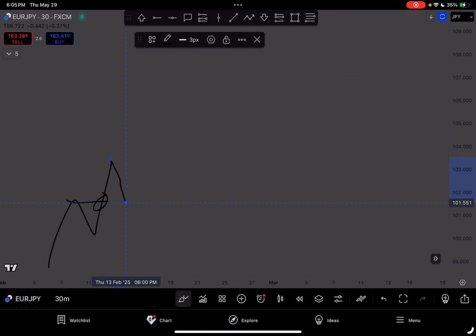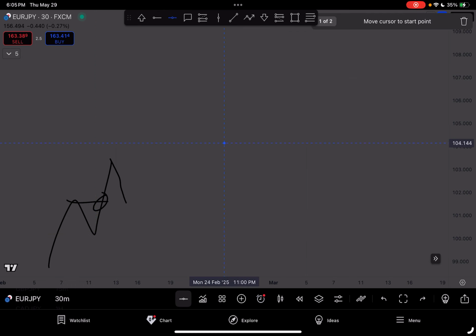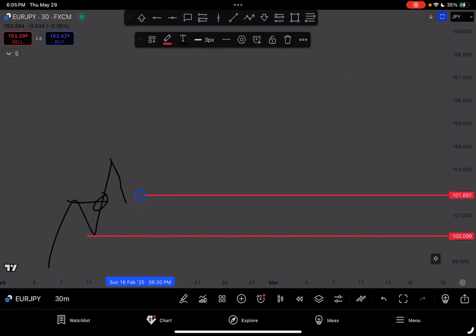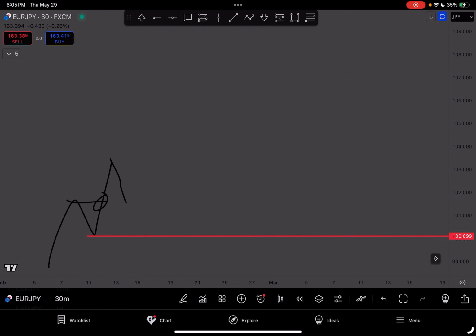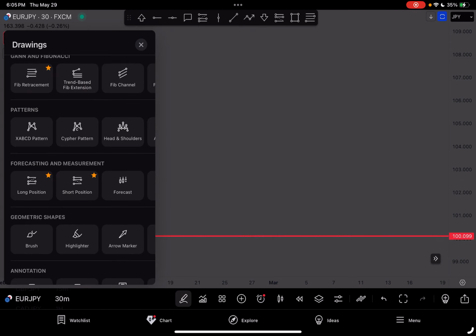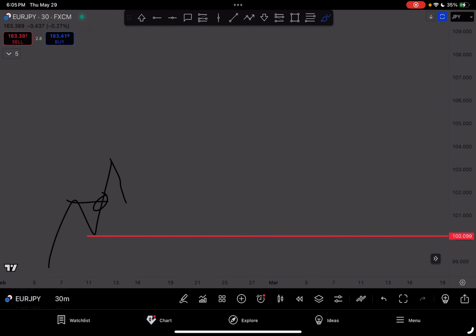So every time the market breaks a high, the low that led to breaking that high is anchoring price. I'm just going to put a little ray right here. This right here is anchoring price. So as long as price does not come below this, I know my uptrend is still solid.